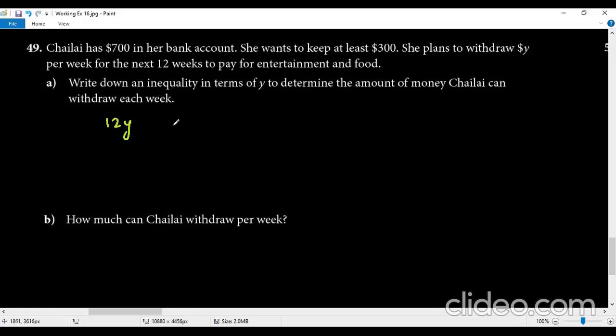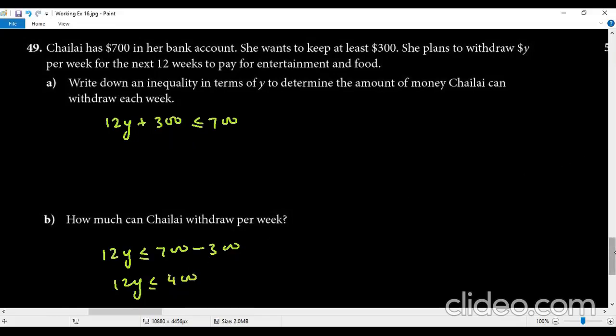For this, you must remember that 12 has to be multiplied by the number of weeks, and at least 300 should be kept in the bank, so it should be less than or equal to 700, the total amount. Once this inequality is solved, it's going to be 12y less than or equal to 700 minus 300.